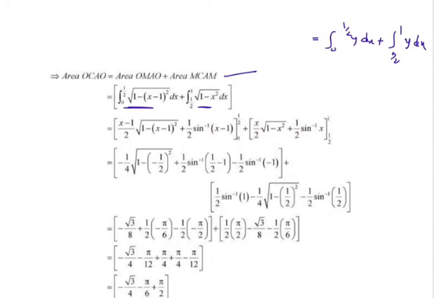A square minus x square formula is x by 2 under root of a square minus x square plus a square by 2, it is 1 by 2 sine inverse x minus 1. X by a means again 1, x minus 1 by 1, it is neglected, right?